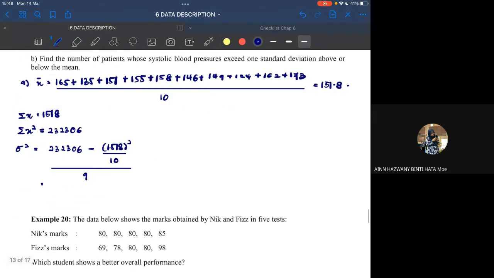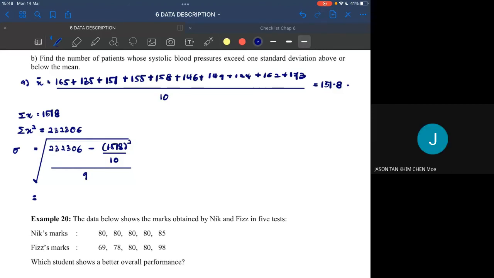So we can just straightforward find the standard deviation, which is we can square root everything. And the answer here should be, berapa jawapan dia? 14.43. Okay, so that is your standard deviation. Tapi kalau nak cari variance dulu and then nak square root later pun boleh, tak ada masalah.